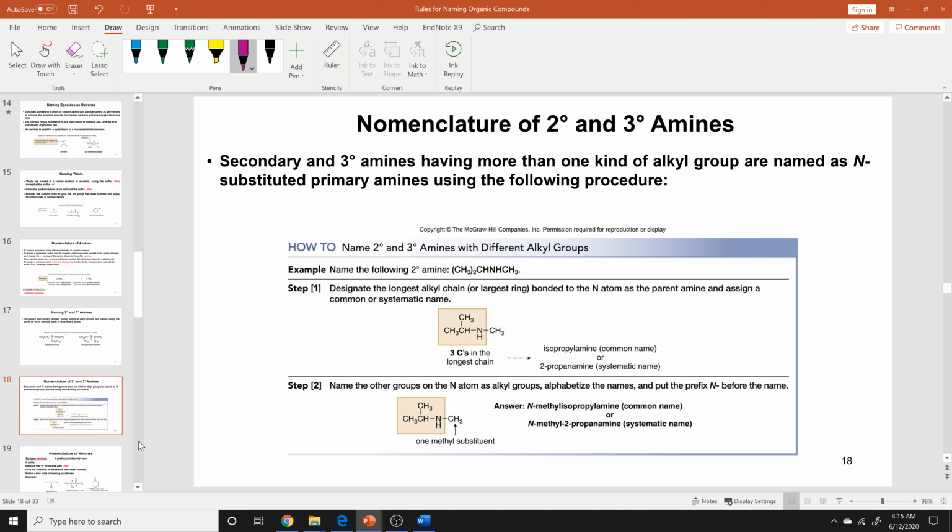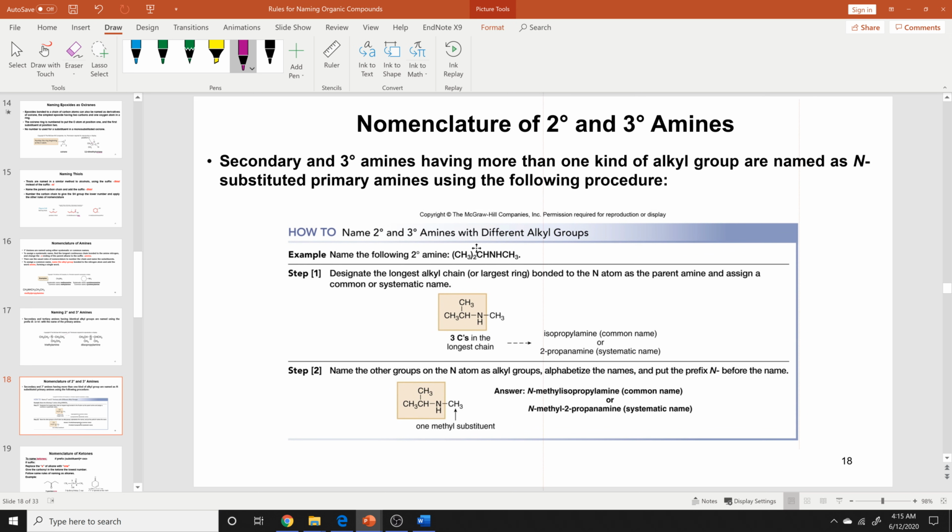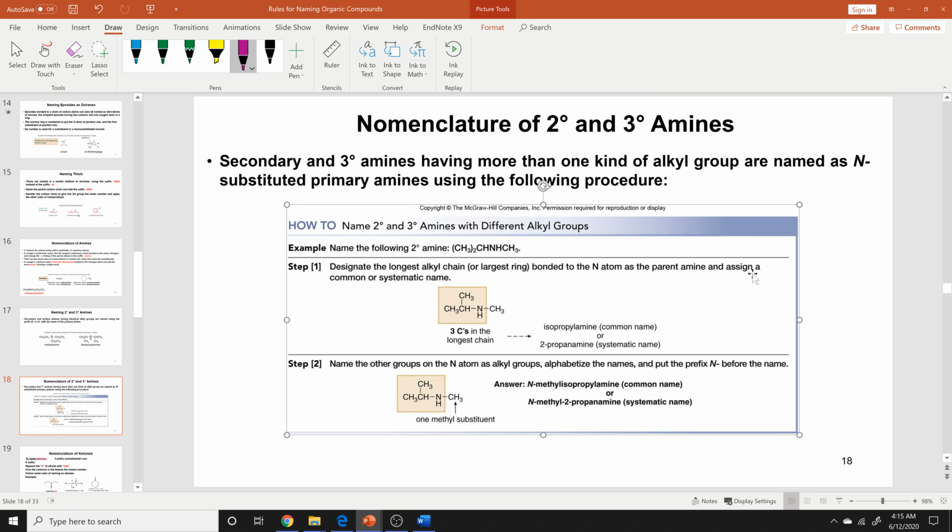Now for secondary and tertiary amines that normally have more than one kind of R group, you cannot use the prefixes di, tri, tetra.